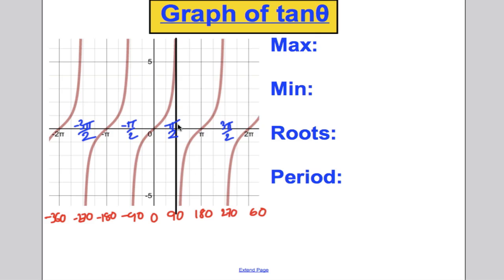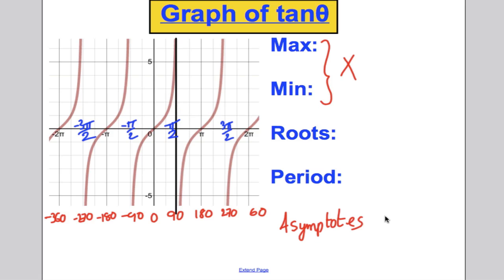Now, the graph here actually shoots off towards infinity at pi by 2 and 3 pi by 2, minus pi by 2 and minus 3 pi by 2. It doesn't have a maximum. Similarly, it doesn't have a minimum. It shoots off to negative infinity. So these aren't really appropriate. What it does have is asymptotes.